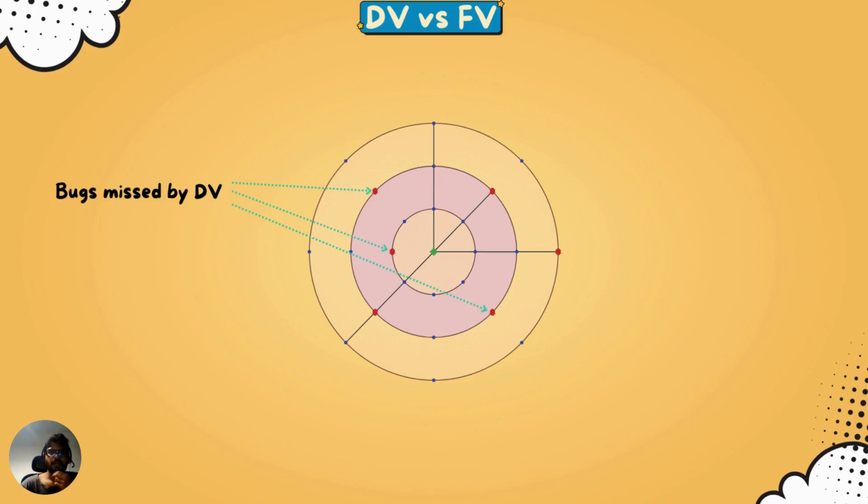The four lines show different scenarios which can possibly be covered by DV. And the red and the blue dots represent all possible states in a particular cycle. As you can see, the red dots are the bugs and blue are the non-buggy states.